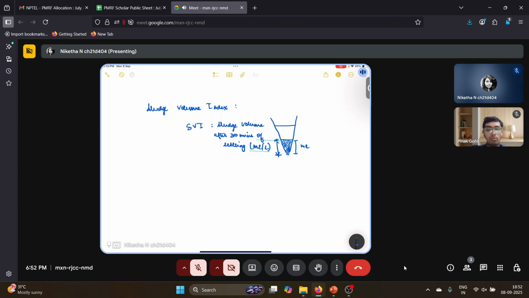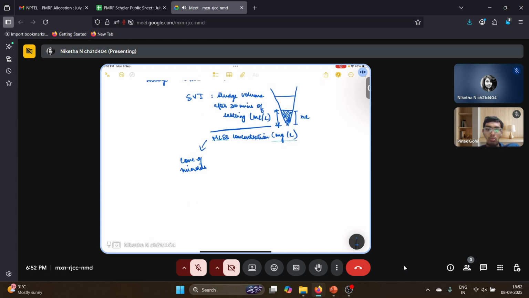So it is ml per liter divided by the mixed liquor suspended solids, or MLSS concentration. MLSS is again the concentration of microbes. Now this is going to be in milligrams per liter. So sludge volume index is the amount of sludge collected divided by the concentration of the microbes.